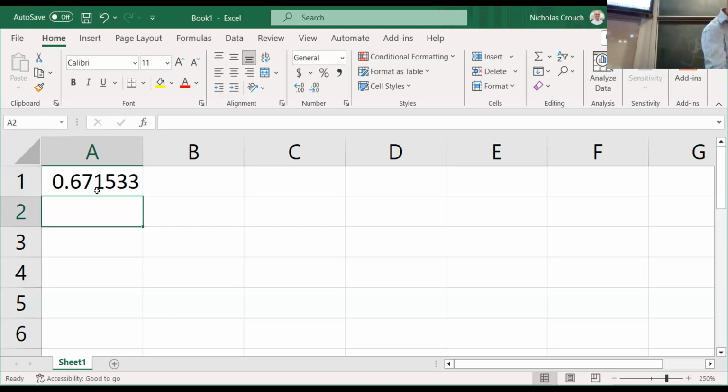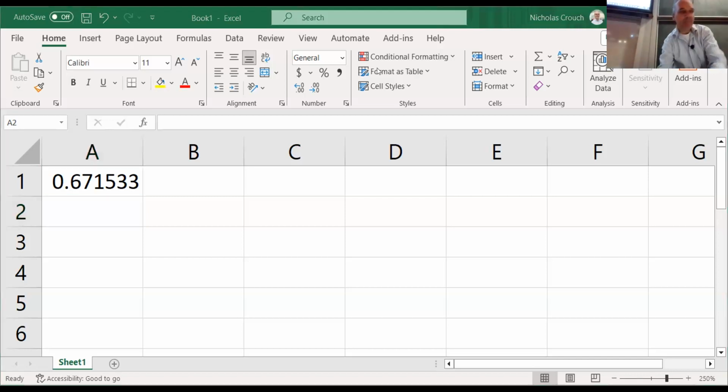This number is 0.67. I'm going to say 0.67, to two significant figures. So if I test positive, there's a 2/3 chance that I was using.